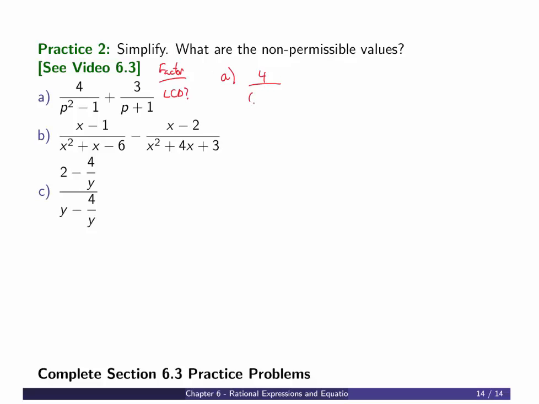Okay, so when we first factor the first one here, we have 4 over p squared minus 1 plus 3 over p plus 1. So this will be the first result here. So right away, it's almost like saying this is 2x and this is just 2, or this is just x and you have to multiply top and bottom by 2, right?